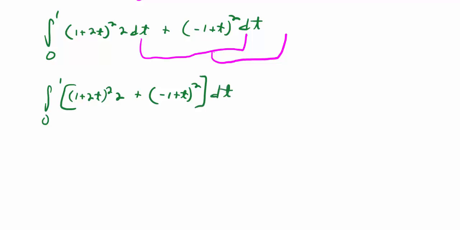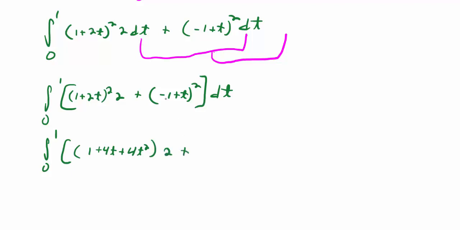I kind of like that notation because it's a more natural transformation, going from x, y, and z to just a single parameter t. So what would we have to do to evaluate this? Oh, I guess we've got to do some multiplying, don't we? What's 1 plus 2t quantity squared? 1 plus 4t plus 4t squared, and then we've got to multiply that whole thing times 2.